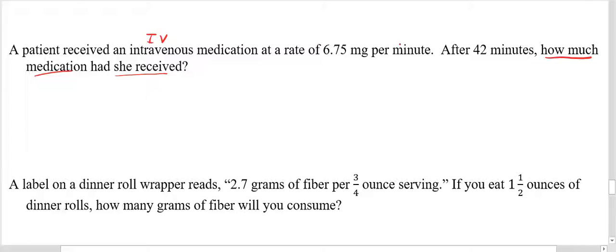Okay, so she's receiving 6.75 milligrams per minute, and we want to know after 42 minutes. So we're going to do 6.75 milligrams times 42 minutes.